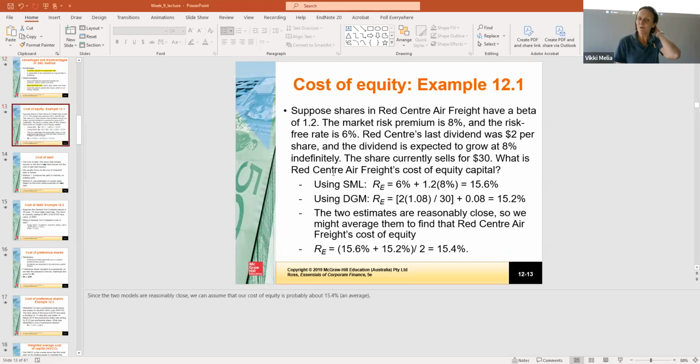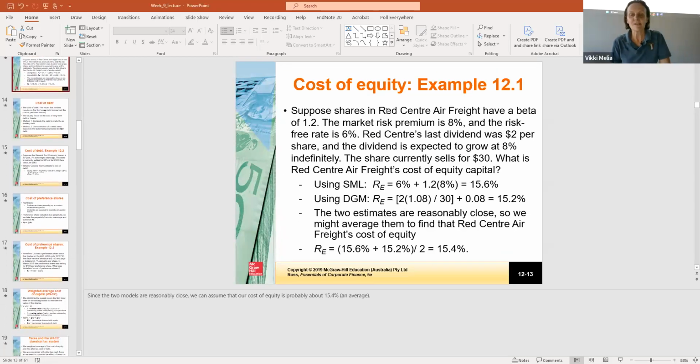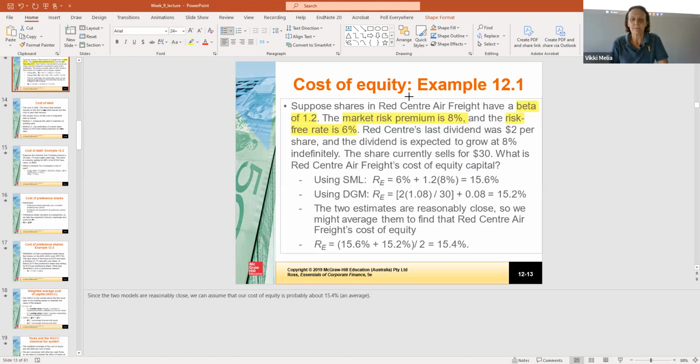So there's an example in the PowerPoints that we'll have a look at. So the company is called Red Center Air Freight. The company has a beta of 1.2. The market risk premium is 8% and the risk-free rate is 6%.